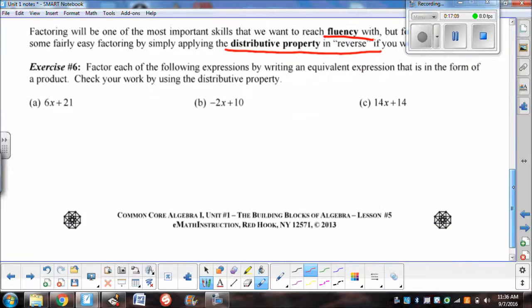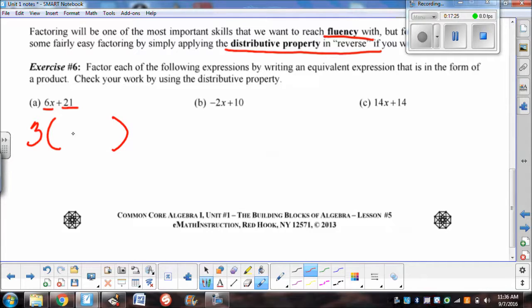So I'm going to do one more down here. We're going to do the same thing. We're going to factor it. So what do these two terms share in common? What factor do they share in common? And they share a 3 as a factor in common.